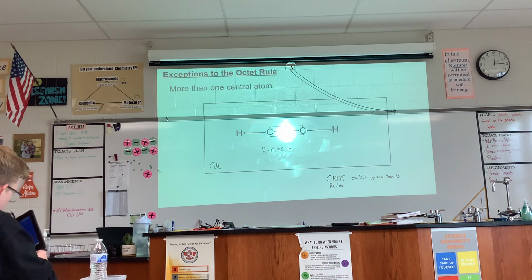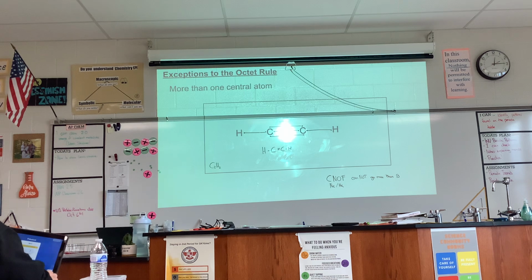Then we add the bond to this one. No, not with the quadruple bond. Didn't we talk about this? Definitely not allowed. So it's a double bond, so erase. Oxygen is donating.